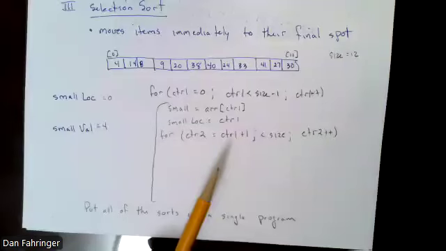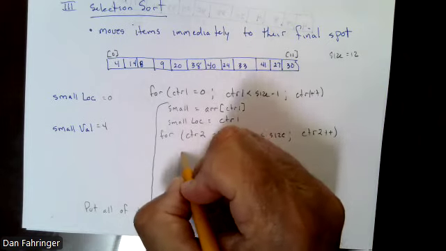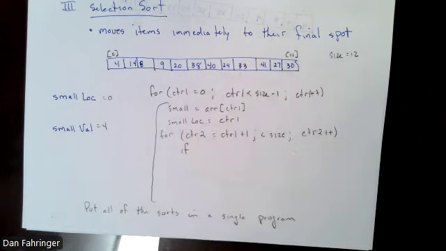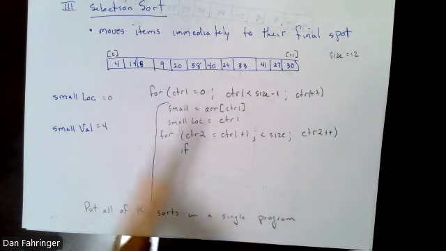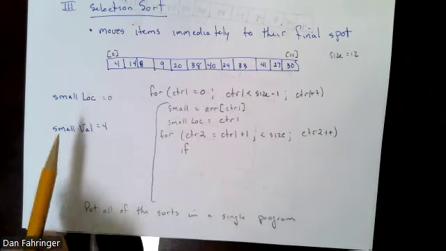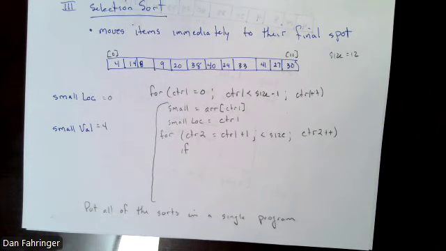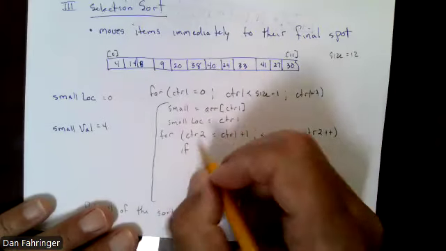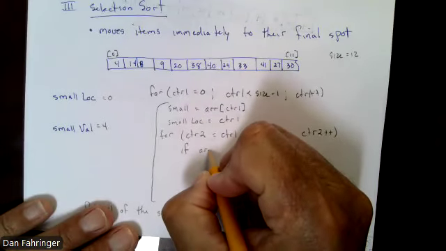All right. So now I'm going to come in and I have an if statement. If something happens, I'm going to get a new small and a new yada yada. If the array at index counter 1 is less than the array at index counter 2.